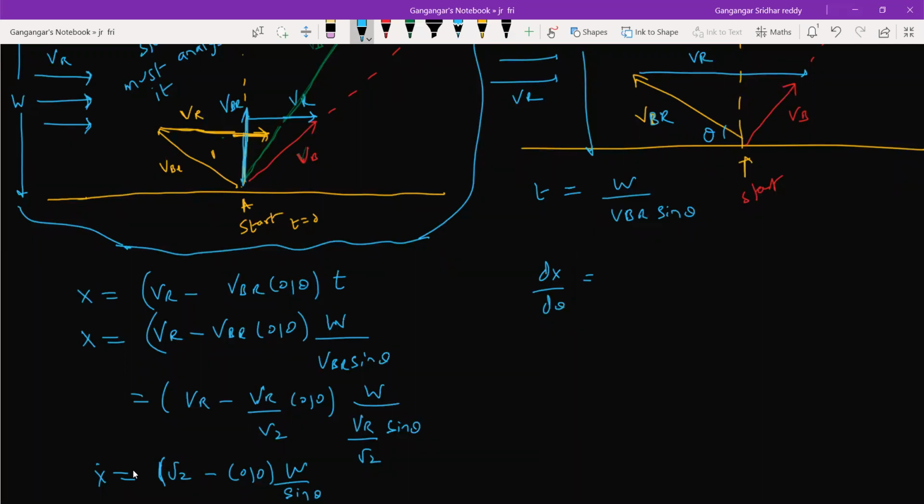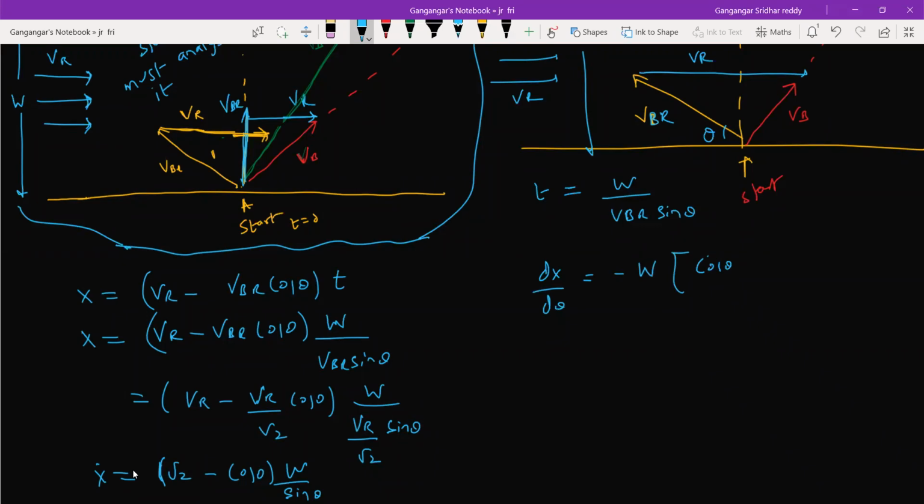Root 2 is constant, minus of W, you keep as it is. So differentiation of sine theta, cos theta as it is. You can use the u by v method or the basic thing.